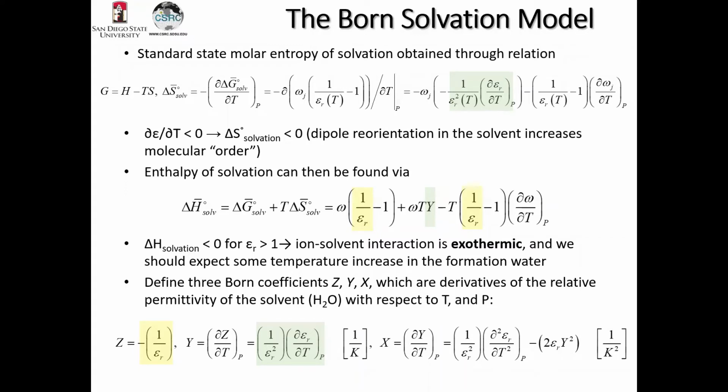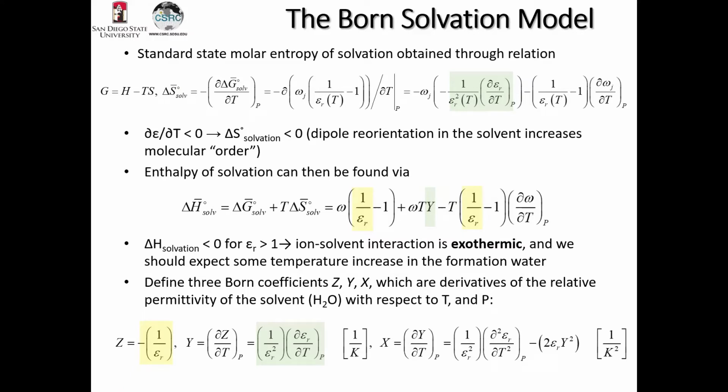And that's because as you reorient the dipoles around an ion, the entropy actually decreases. Another thing is you have this 1 over permittivity, this reciprocal permittivity in the enthalpy expression. And this is less than 1, and so this becomes negative. And so your enthalpy of solvation is less than 0 sometimes, and that results in an exothermic reaction.